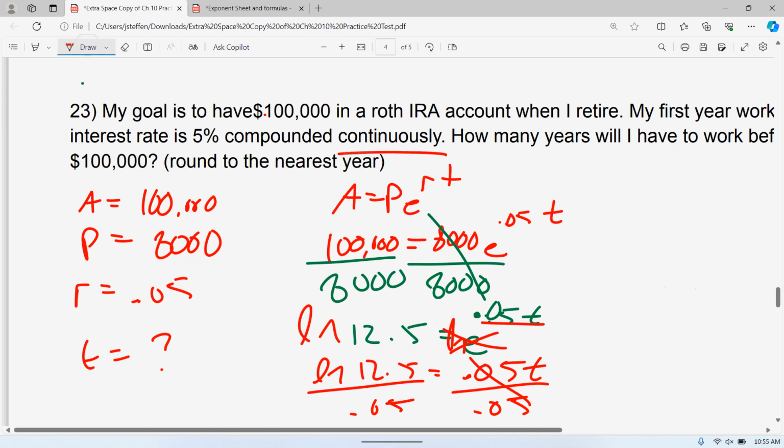So it's the natural log of 12.5 divided by 0.05. Basically, it was just a calculator error. So this should be 50.5, much better, or 51 years. Either one is fine. All right, that makes more sense.